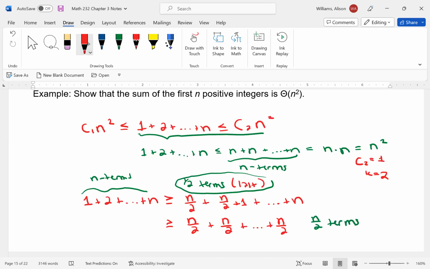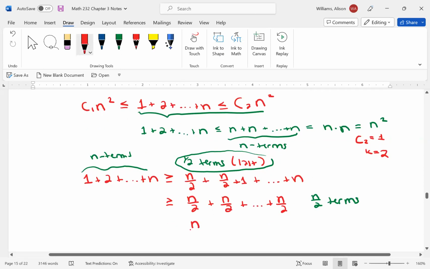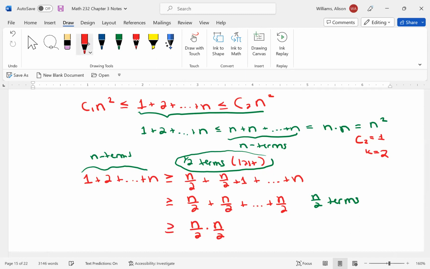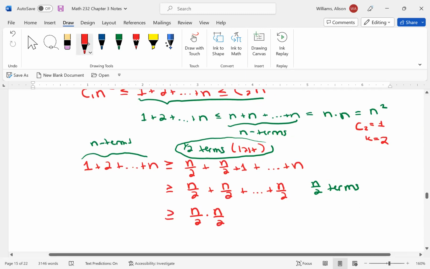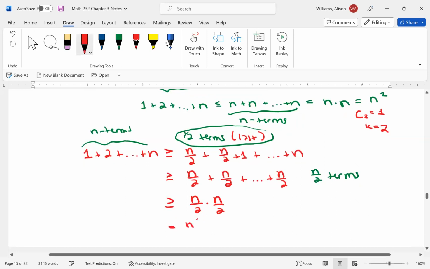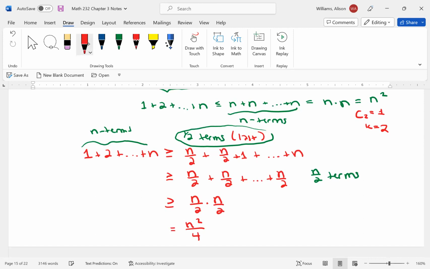If we have n over 2 terms, and they all are n over 2, we have n squared over 4. And there is our C. C is 1/4, call it C1. And this works again for k equaling 2 or more. 1 or more, I think, but 2 or more definitely.